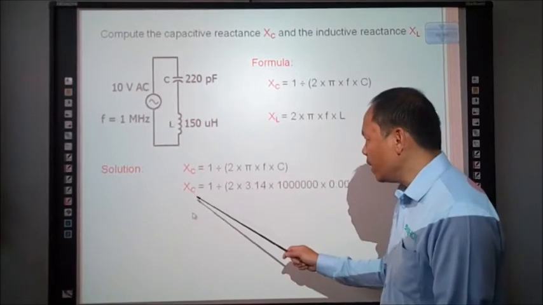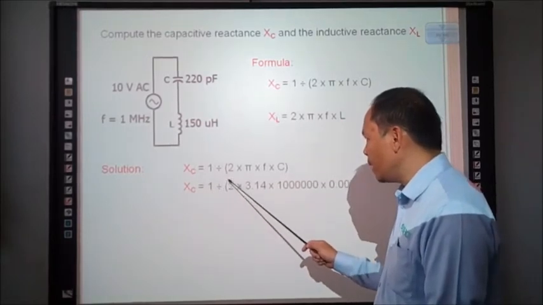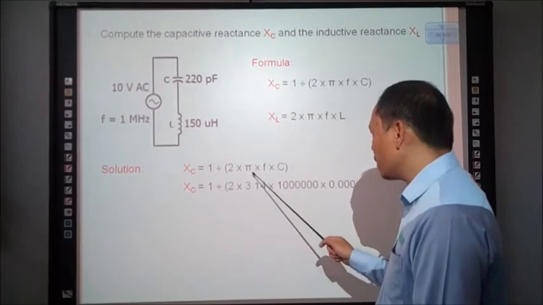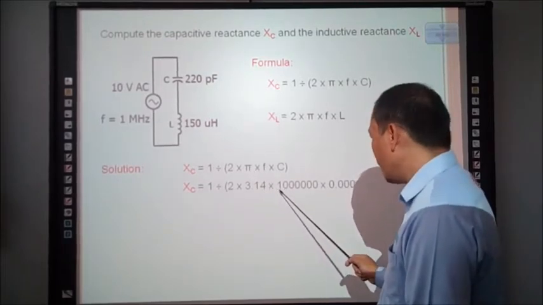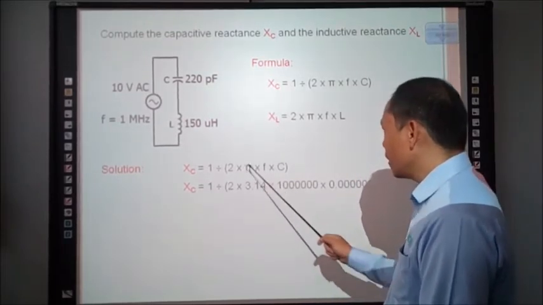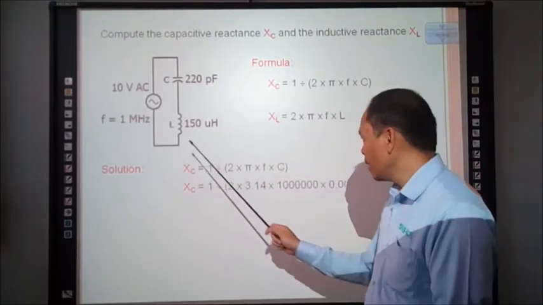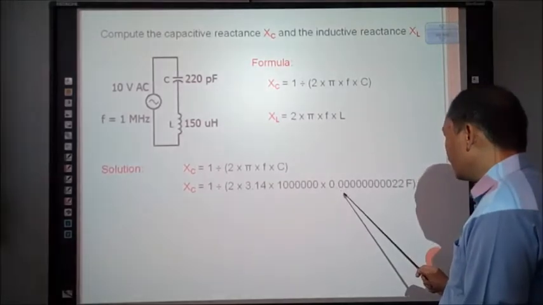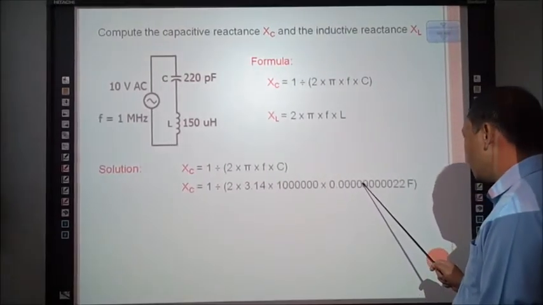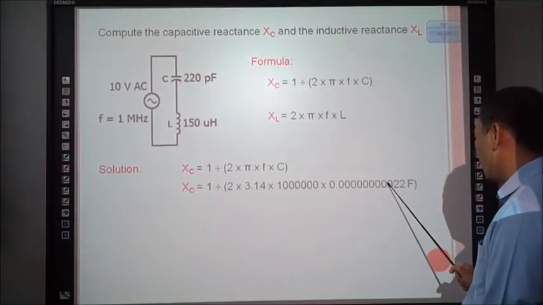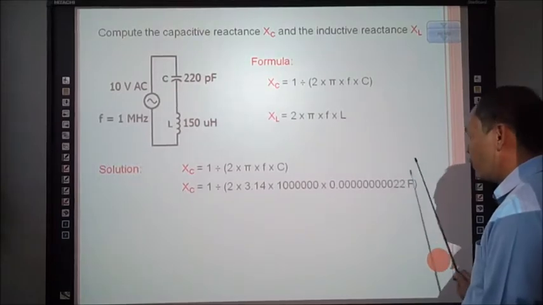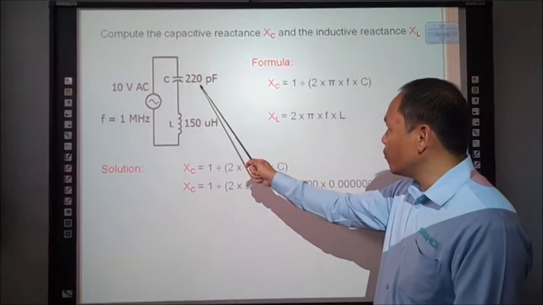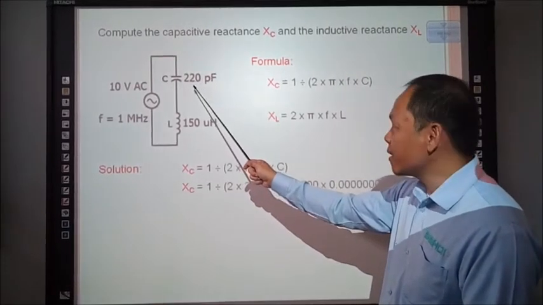So your XC now is equal to 1 divided by, open parenthesis, 2 times 3.14, which is the value of pi, times 1 megahertz, the frequency, times 0.000000000022 farad, which is the value of the capacitance.